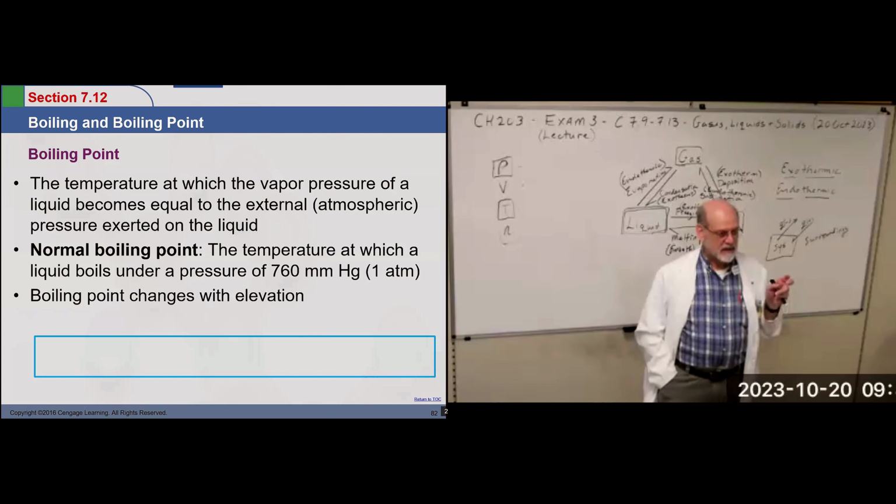So we establish the normal boiling point at 1 atmosphere pressure, whereas the boiling point can be at any pressure. I think that's to standardize measurements. Right? If you're comparing several different substances, if you know the pressure is the same on them, then the boiling point is easier to compare and make judgments about what's happening inside the liquid on a molecular level.